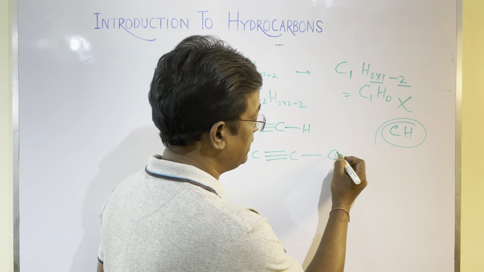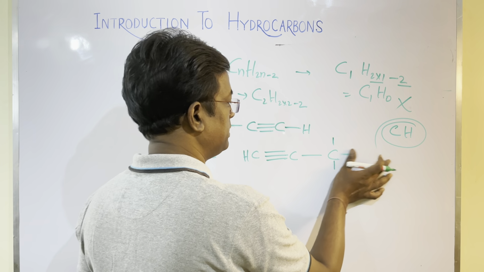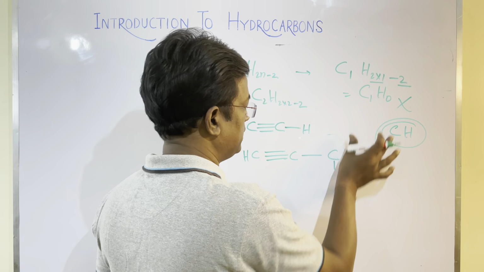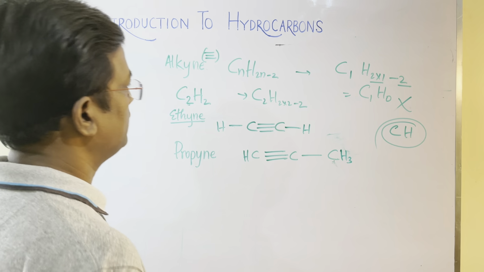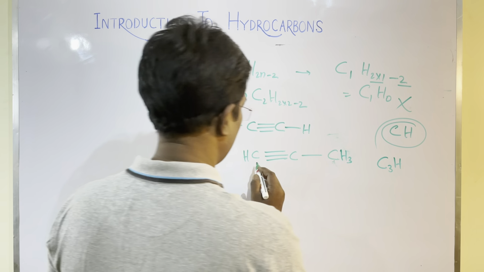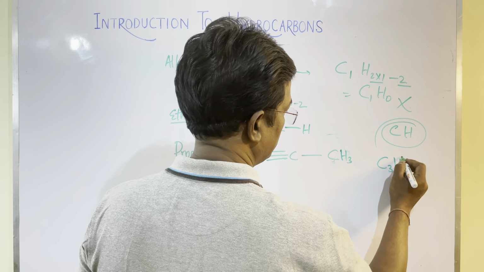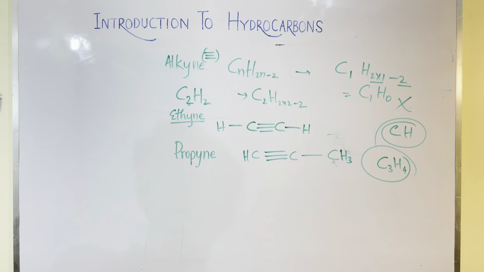One bond with this, so 3 more. Yes. So we can write the condensed formula as CH3. Alright. Obviously C3H4, this is the general formula. Butyne we can try.